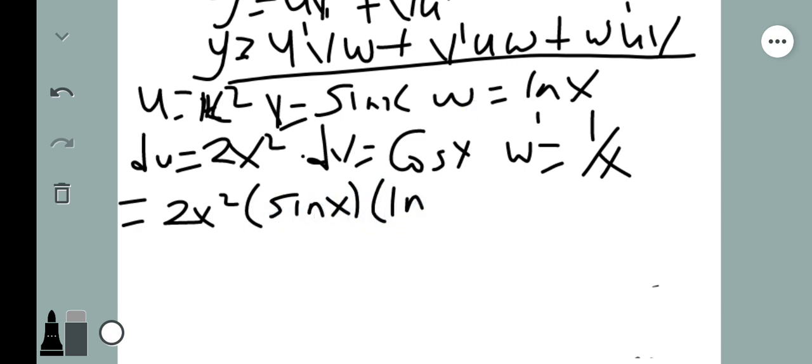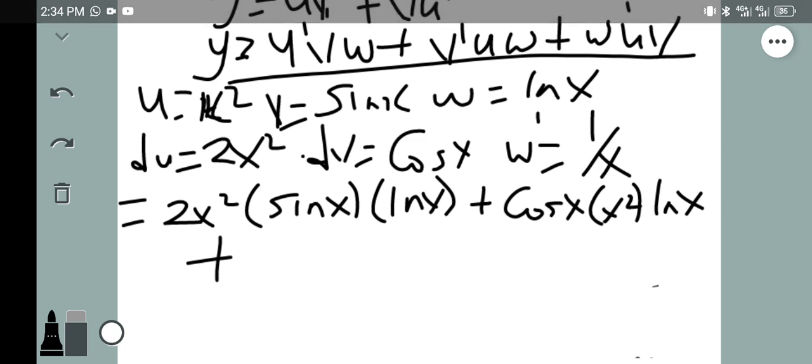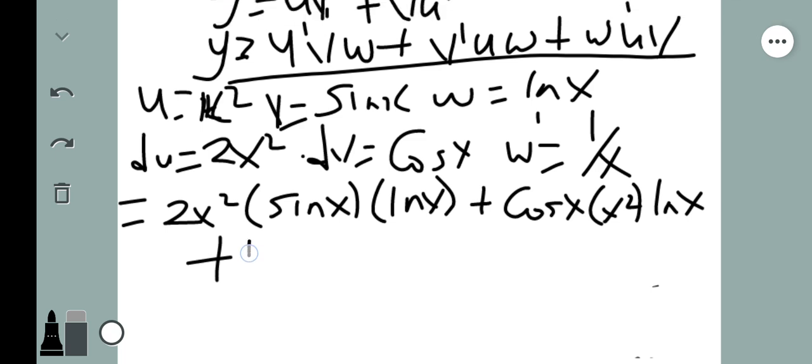Plus, what is v prime? v prime is cos x, multiplied by u, which is x squared, and w, which is ln x. Plus, for the third one, we have w prime, which is 1 over x, multiplied by u and v. u is x squared and v is sine x.